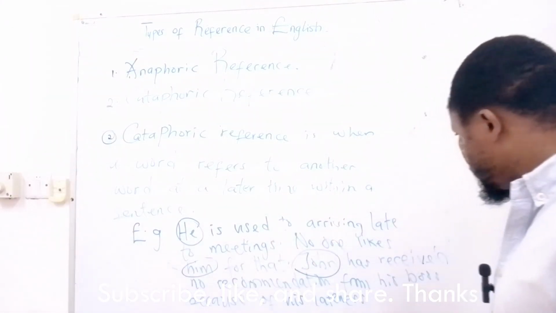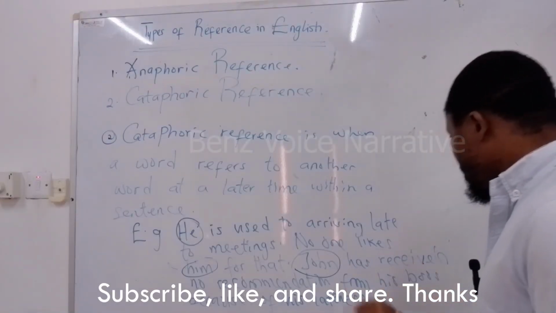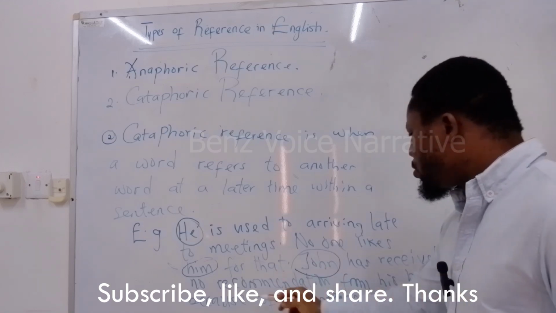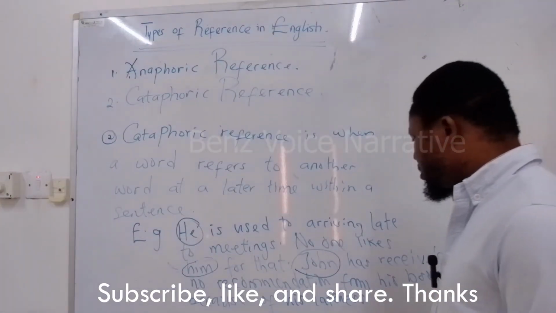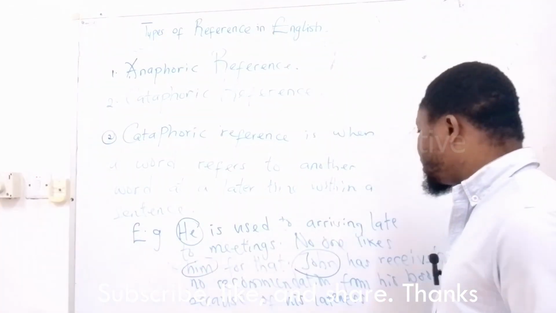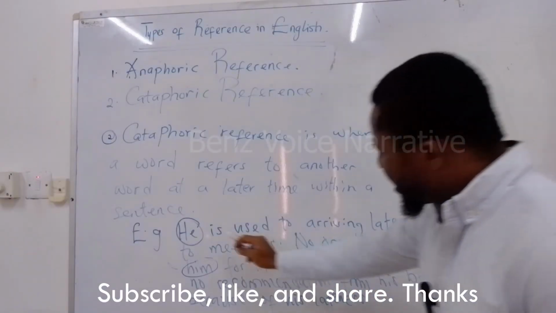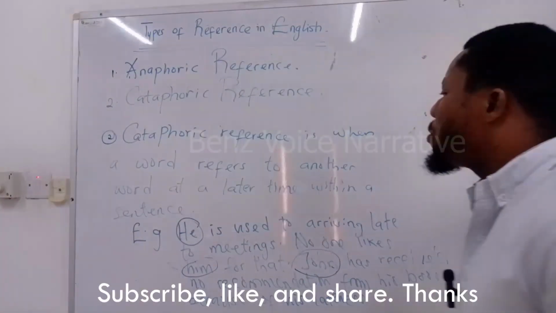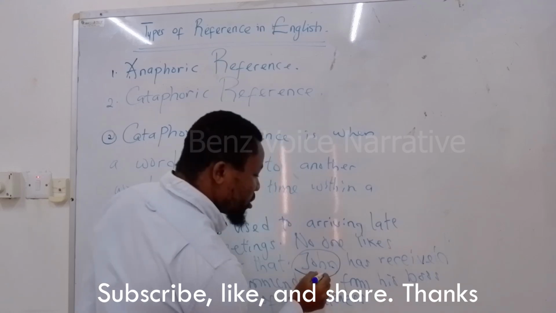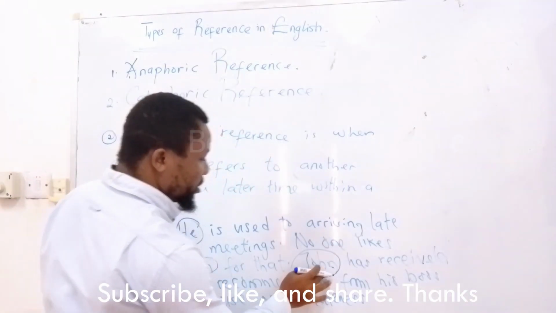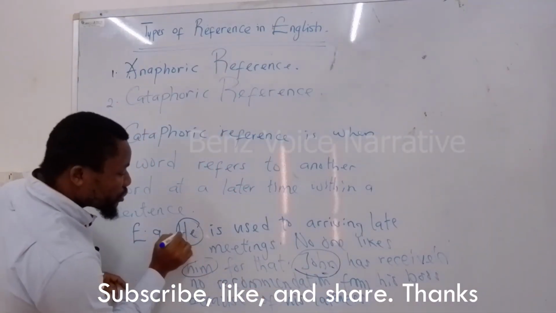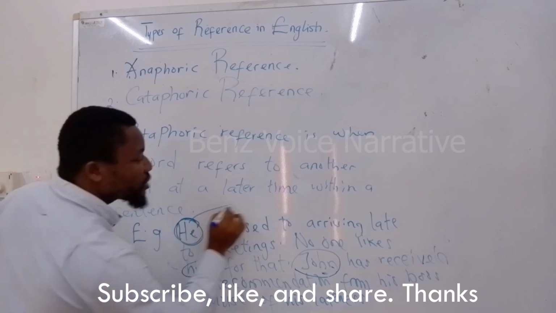John. Oh, I don't even know if it's John yet. John has received no recommendation from his boss because of his lateness. So John is this individual. All right. Now the word John, now look at this John and he. For us to know what he is, we need to go forward.